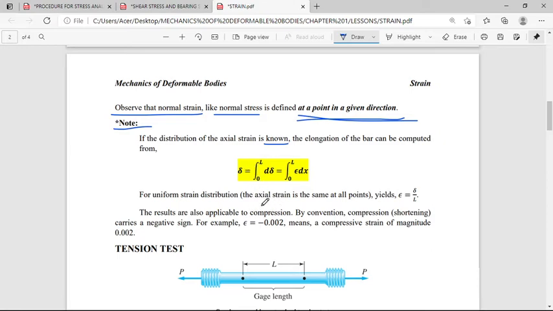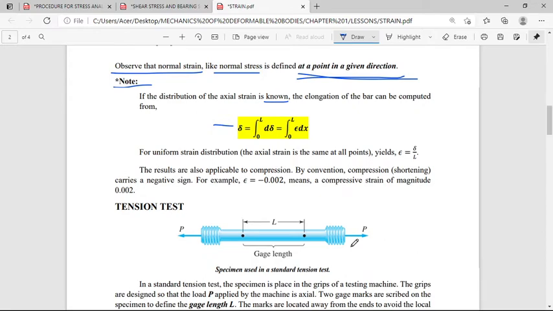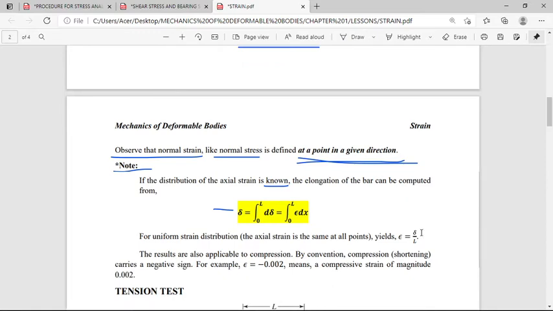Supposedly, gamma, or the elongation, is equal to the integral of d gamma from 0 to L, which is equal to the integral of strain with respect to x, from limit 0 to L. For uniform strain distribution, where the axial strain is the same at all points, it yields strain is equal to gamma over L. So, kung uniform daw strain distribution, ang formula na gagamitin mo is simply gamma over L, which is the elongation over the unit length. Dali lang yan, direct substitution.